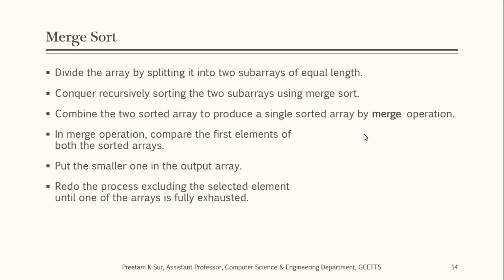Suppose we are comparing the first elements of these two parts, and we find that the first element of the right subarray is smaller. So we take the first element of the right subarray and put it into the output array. Now we redo the process, but we exclude the first element of the right subarray; we consider the right subarray from its second element.